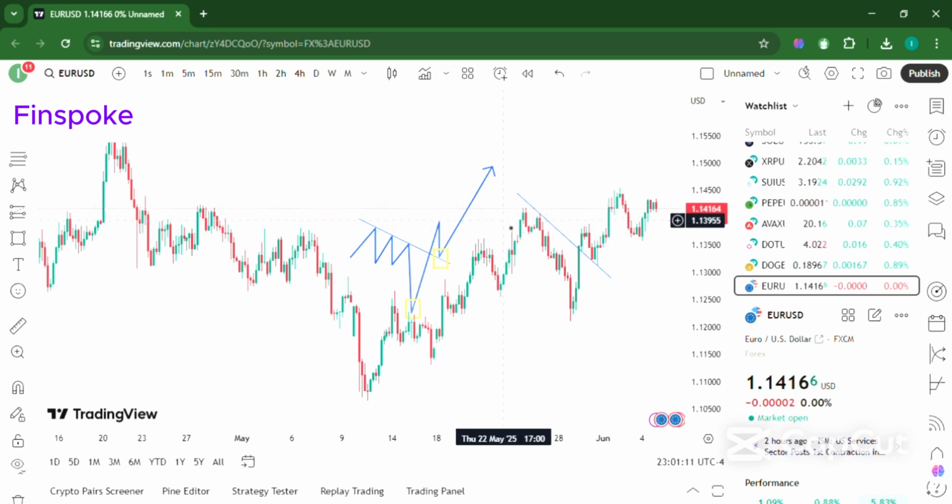This is actually EUR/USD. You can also backtest this using GBP/USD, using BTC/USDT. You can backtest it also using Ethereum USDT, Solana USDT, and any other altcoin. These are some of the patterns that you see at the higher time frame. So if you are good at price action, you should also be good in chart patterns.